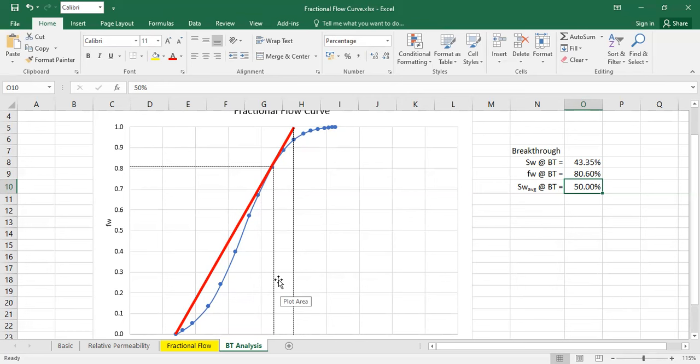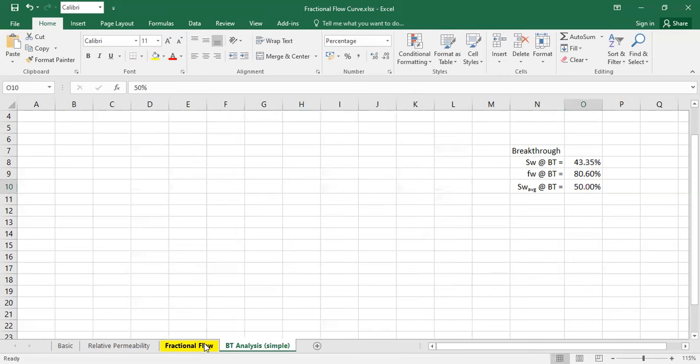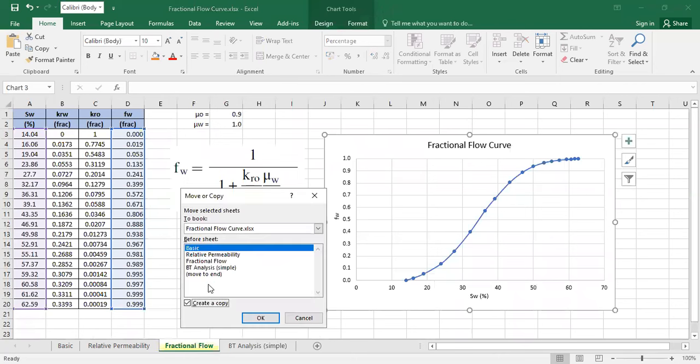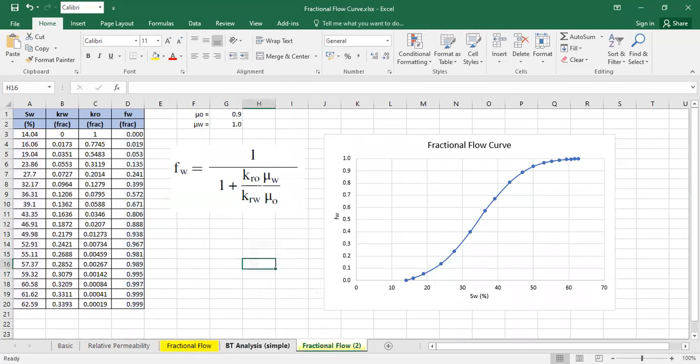If you want a more detailed approach, maybe we can copy this one first. BT analysis, let's call it the rigorous approach. It's actually not very rigorous in technical terms. It's just honoring the calculus, the line equation and something like that.